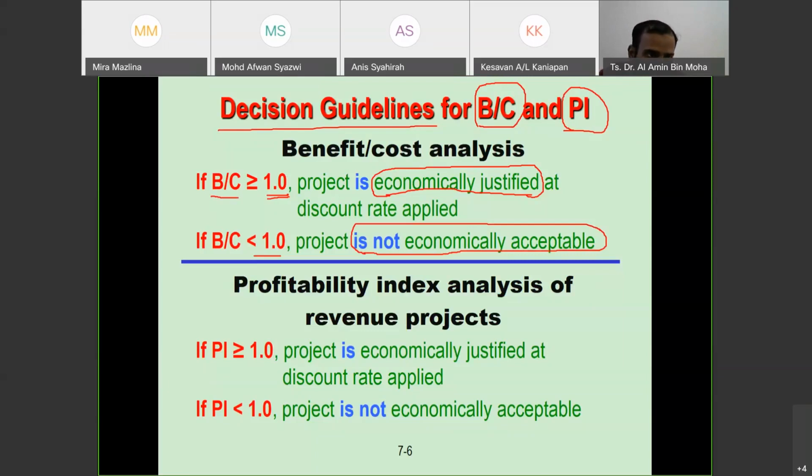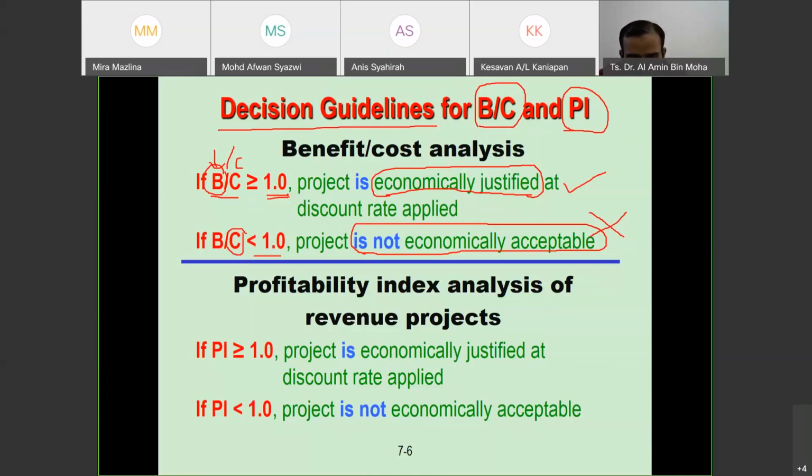So B here, because we compare B with C. If larger than 1, it means that B is greater, so benefit is greater than cost. So they are going to accept because the benefit is greater than cost. But if it is less than 1, it means that the cost is greater than benefit. So why would it be accepted?